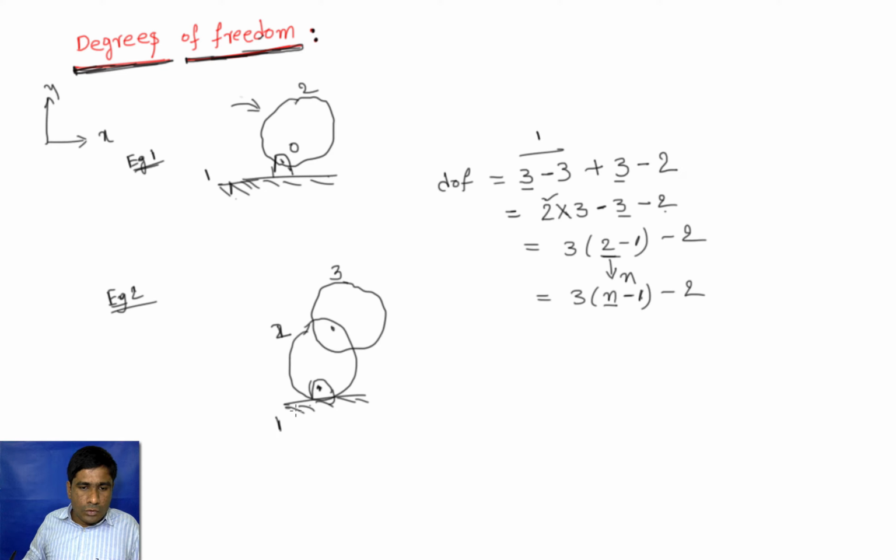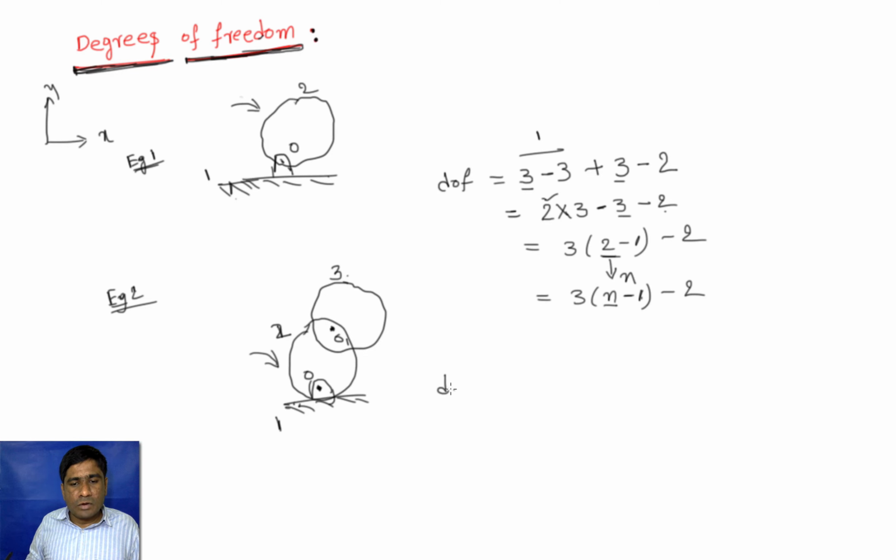So body 1 has 0 degrees of freedom because it is fixed, and body 2 is hinged to this one, so it has only rotation, it lost its 2 translations, and body 3 is hinged to body 2 and it lost 2 translations, and it can rotate only about this point O1, and this is O.